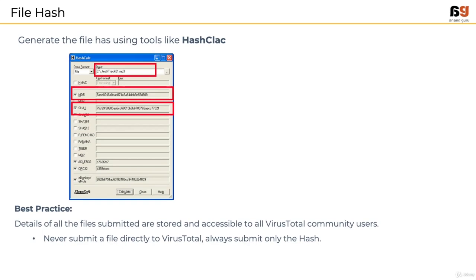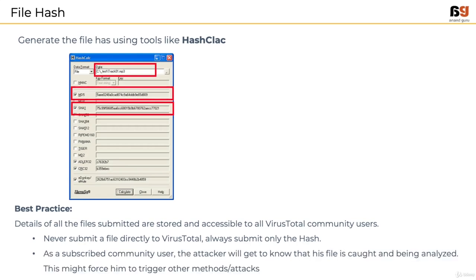There is a risk involved in submitting the hash too, which is that the attacker might also subscribe to the VirusTotal community and keep checking if anyone submits the hash of the malware he has written. In a targeted advanced persistent threat, this might force him to trigger other methods or use other attack vectors.